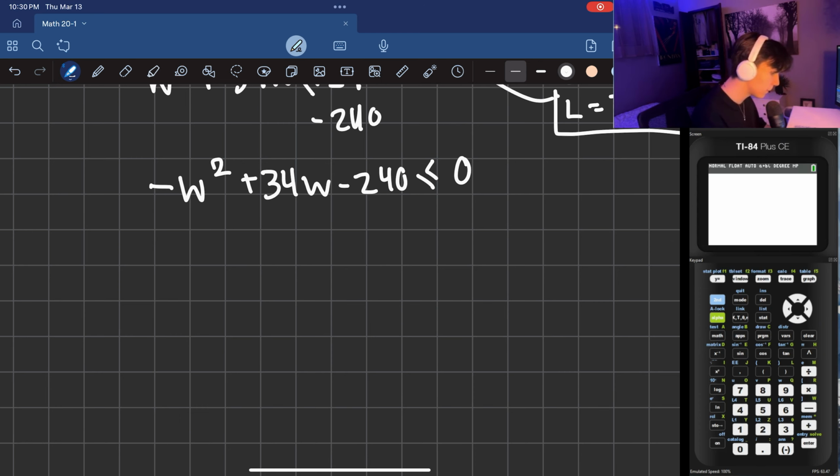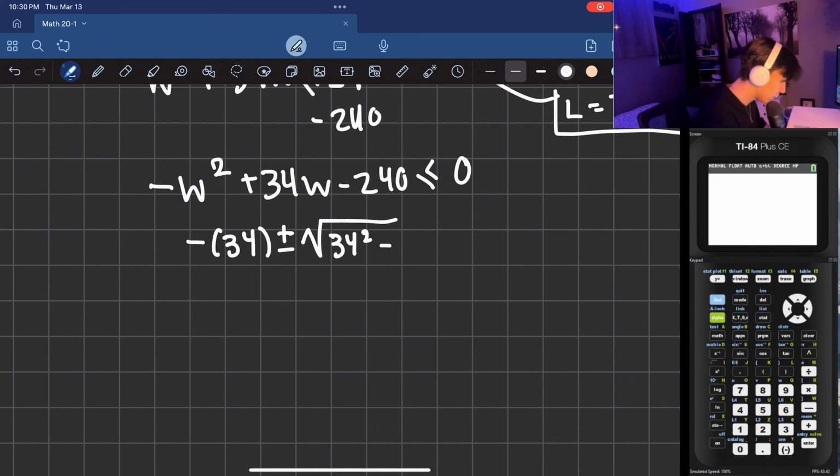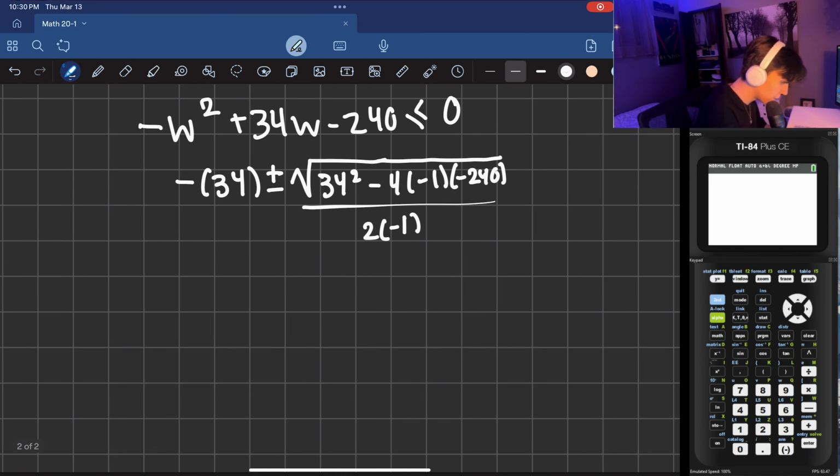So now what I'm going to do is find the roots of this equation. The way we can do this is we can do our case analysis here, or our quadratic formula. So I'm just going to plug in our quadratic. So we have -34 plus or minus the square root of 34 squared minus 4 times -1 times -240. And make sure this root goes all the way through. And then we have 2 times -1 on the bottom.